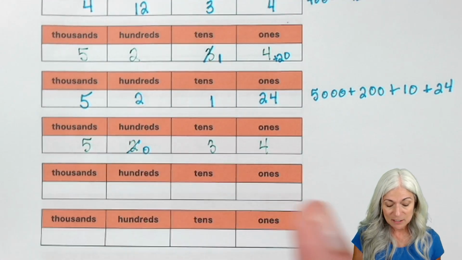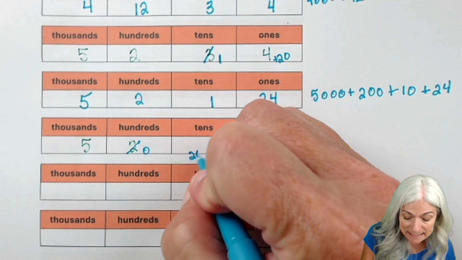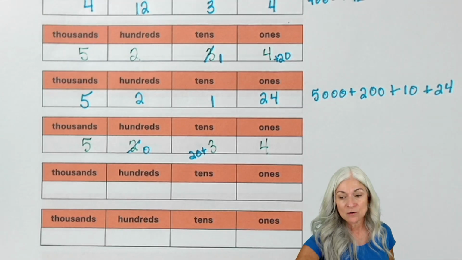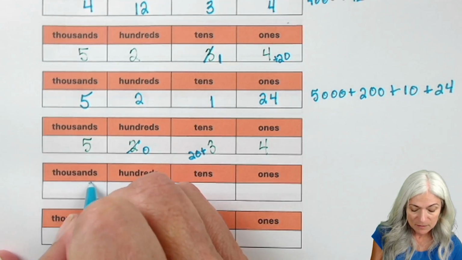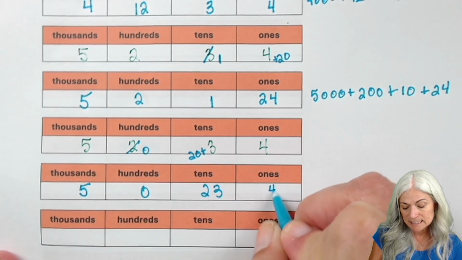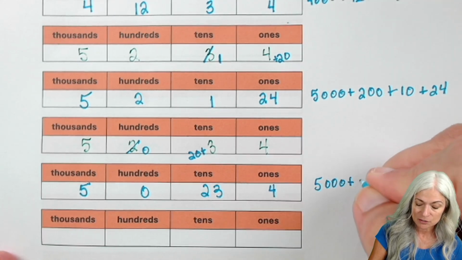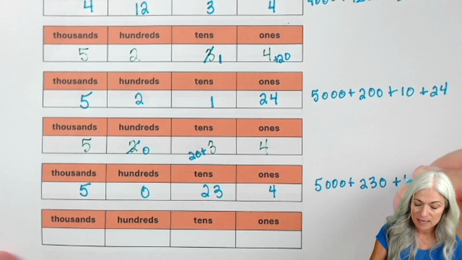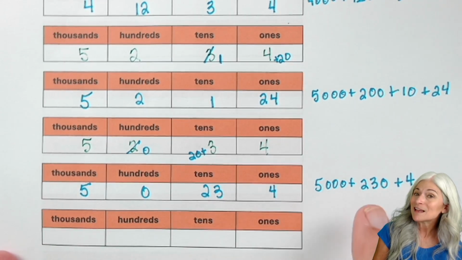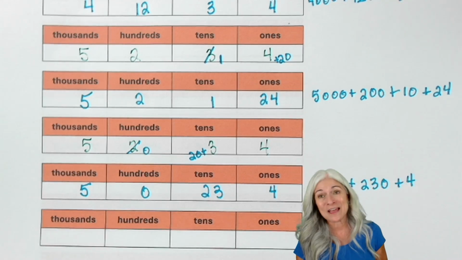So if I took away 2 of those, I would give 20 10s over here. So again, we would have 5,000s, 0 hundreds, 23 10s, and 4 1s. So 5,000 plus 230 plus 4, which gives us 5,234.